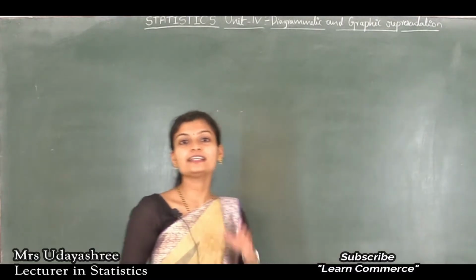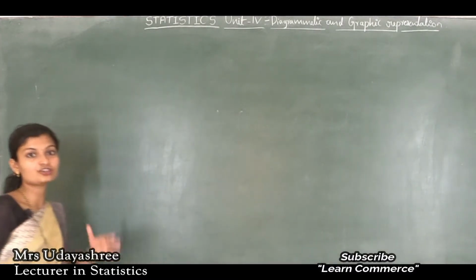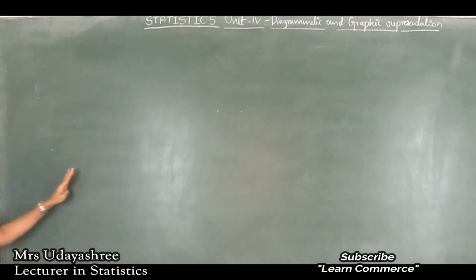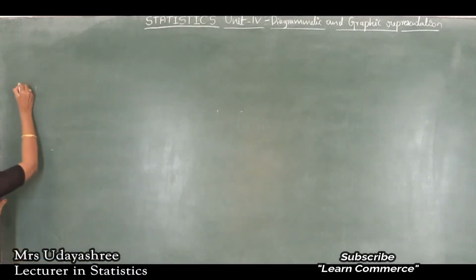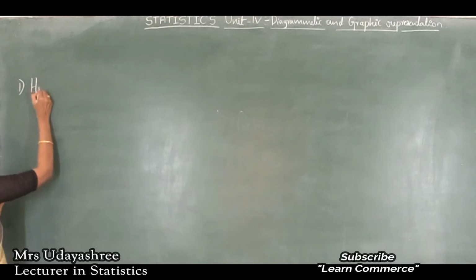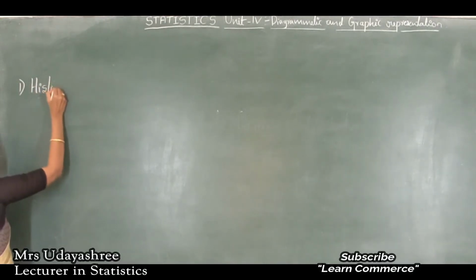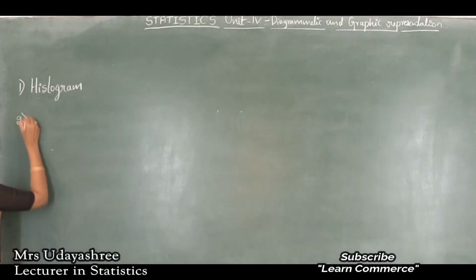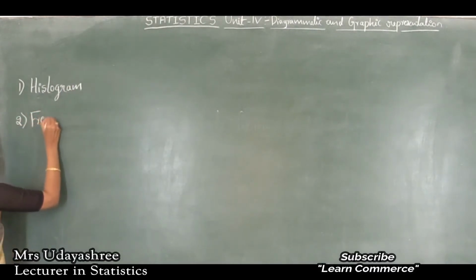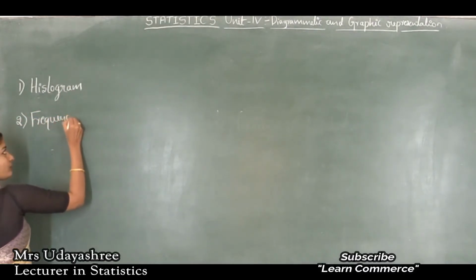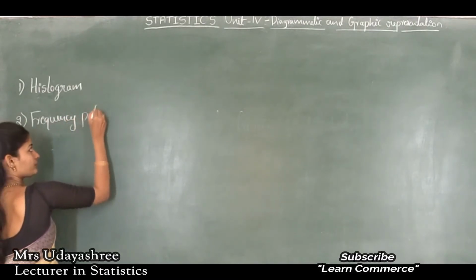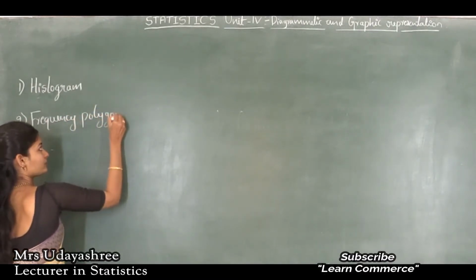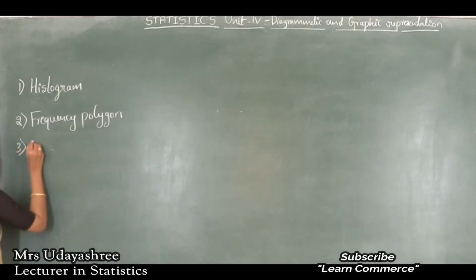And we know that in the graphical representation of frequency distribution, there are four types. The first one is histogram. Second one, frequency polygon. Third one, frequency curve.